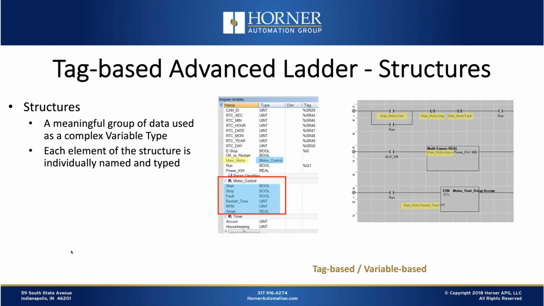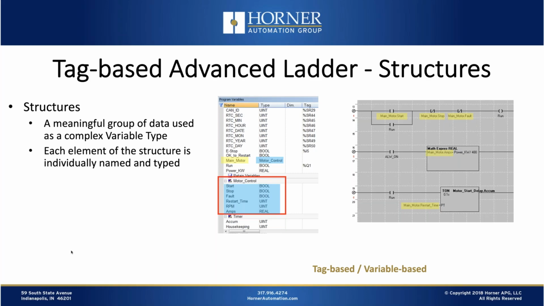So you've got 6 different elements, 3 of which are Boolean, start, stop, and fault. We've got a couple of unsigned integers, restart time and RPM, and then you've got a real value in amps. So again, those are all different elements that are all related, but many of them have different data types, and you can group them together there as a structure.